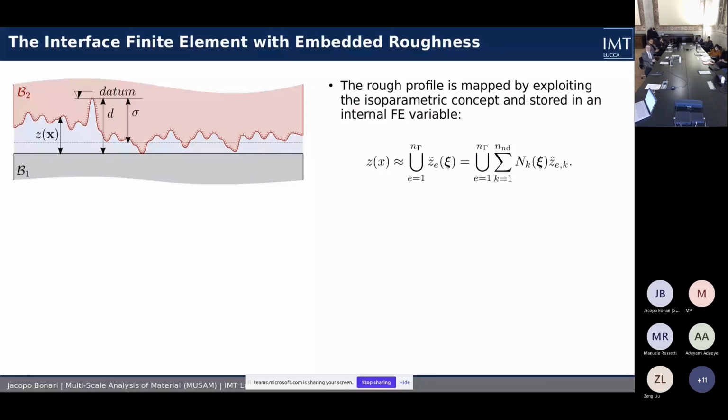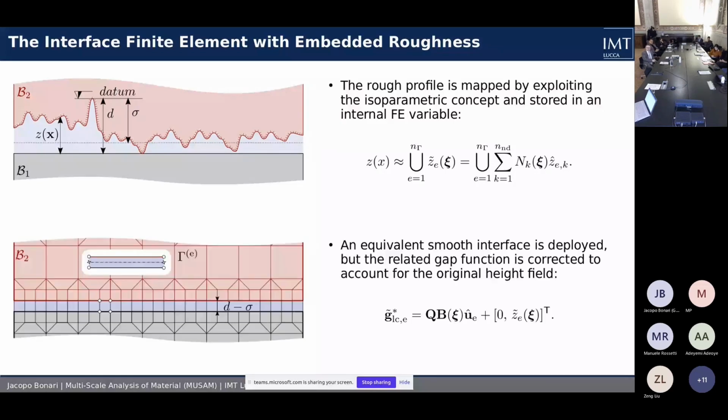By doing so, we are allowed to totally reshape the original geometry of the model by considering an equivalent model which is much simplified.